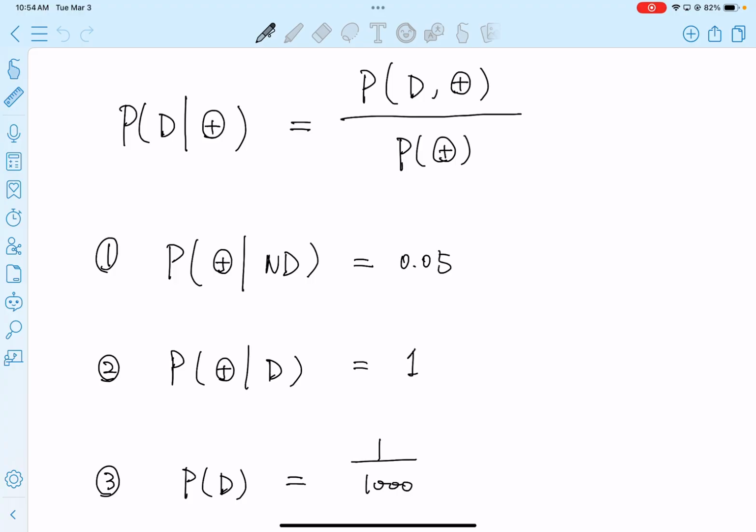When we lock down on the event, after we implement the test and it gives us the positive result, dividing by that means we're only focusing on that event. When we lock down on that, then we're interested in another quantity, which is whether we have the disease or not. We already know the test is going to be positive. Then what is the probability of having the disease? So dividing by that marginal probability means we're focusing on the case where we already know the test is positive.